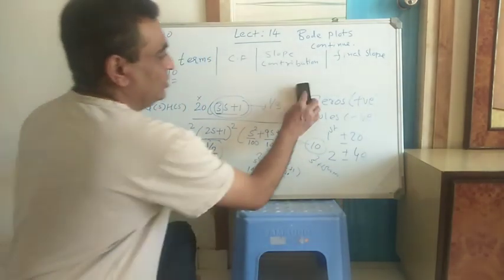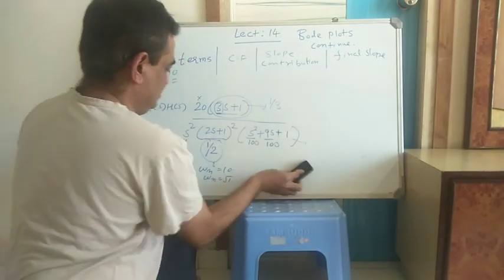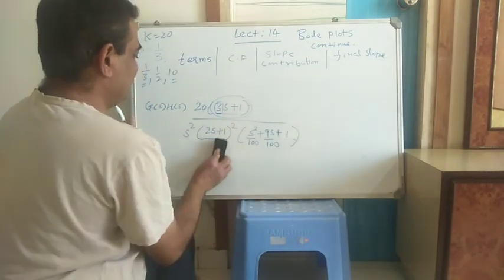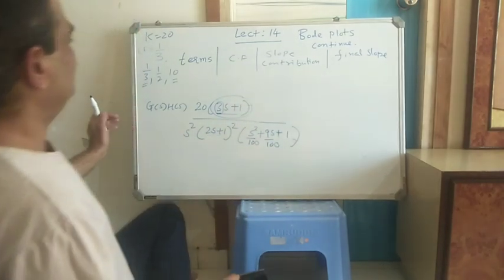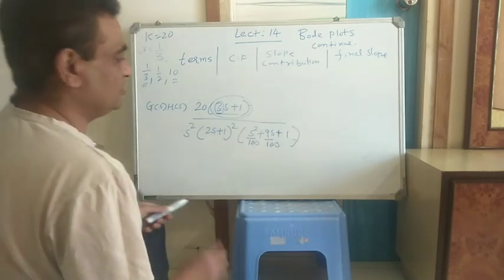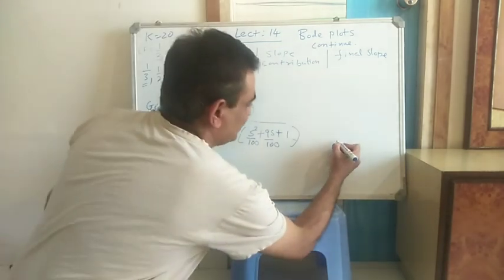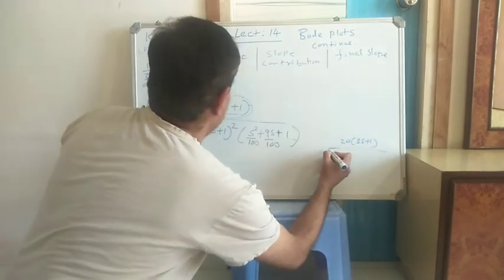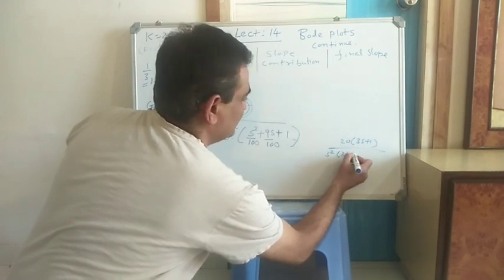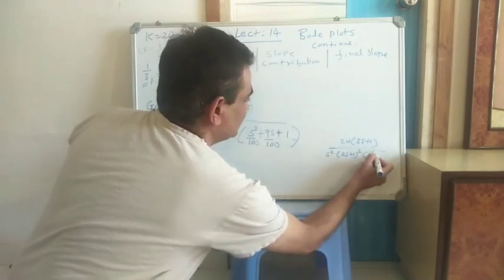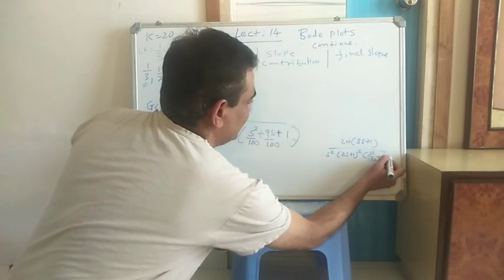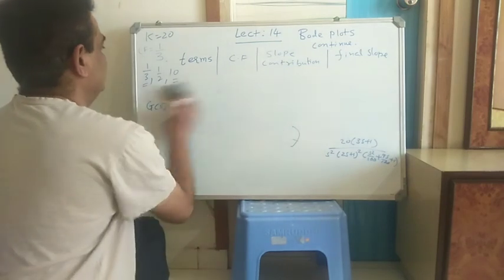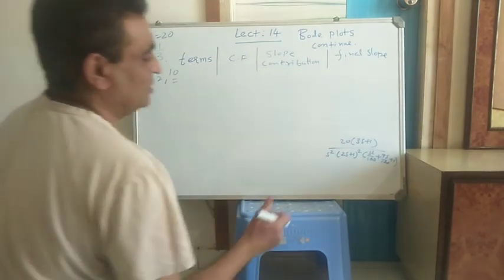All right. Now, once we find the corner frequencies, we need to rearrange all of this. So what should I do? I am writing the transfer function here: 20 (3s plus 1)(s square by 100 plus 9s by 100 plus 1) over s square (2s plus 1) whole square.